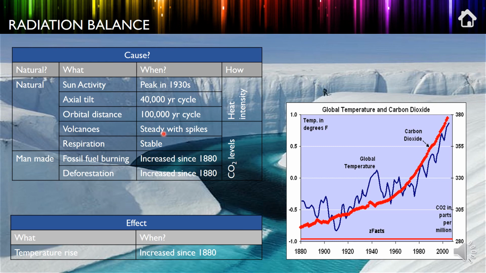Volcanoes are pretty steady, as is respiration, but the man-made effects, burning fossil fuel and deforestation, which also involves a lot of burning, have increased markedly. We could go back to 1850, we can go back a little bit further than this, but this is where my graph goes from. So, you know, a very strong correlation, and there's a huge amount of science to back this up.